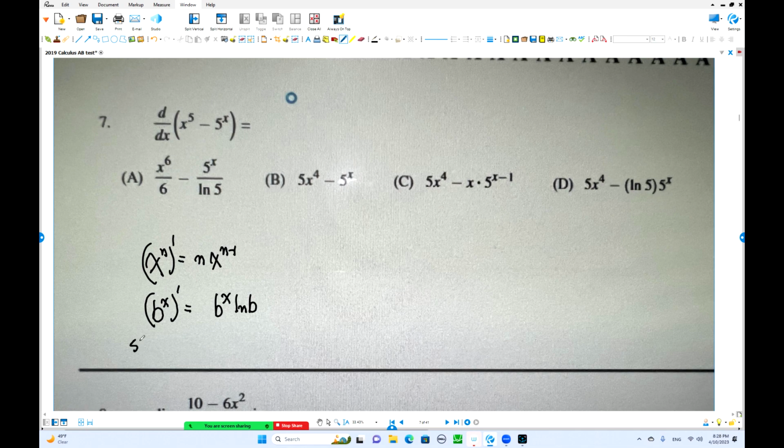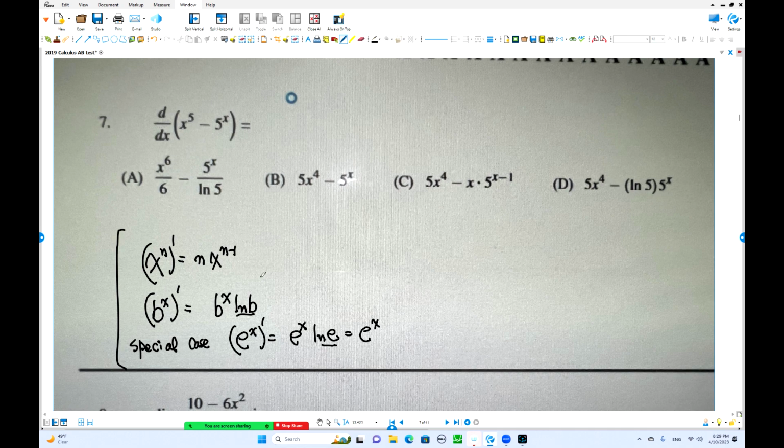A special case: when you have e to the x, the derivative is e to the x times ln e. Same thing, base number e, but ln e is 1. That's why the derivative of e to the x is always e to the x. The antiderivative of e to the x is still e to the x. A very interesting number, right? Memorize this one.